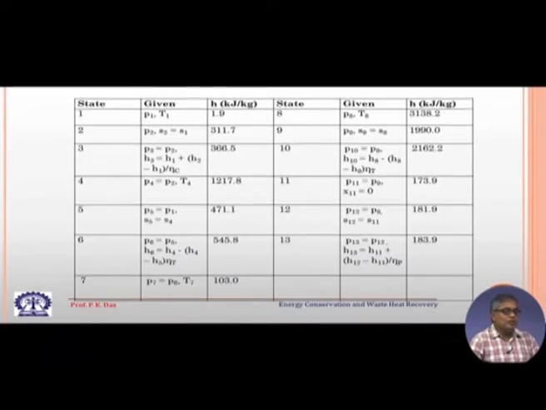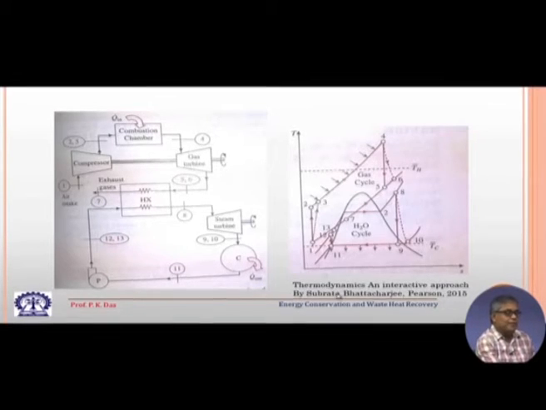We will follow the same tabular method, which is convenient to follow. If we go to the previous slide, here we have given points at different important junctions of the cycle, 1, 2, 3, 4 like this, because these state points of the fluid are important.